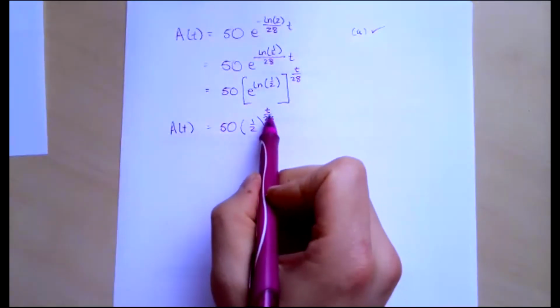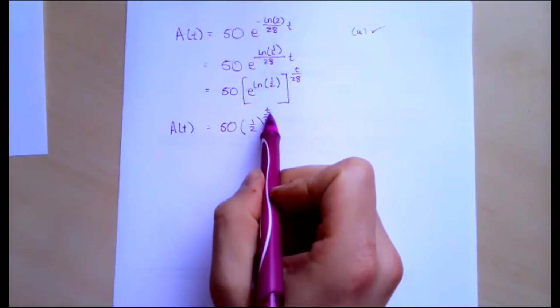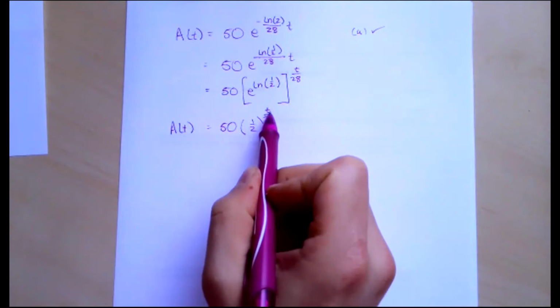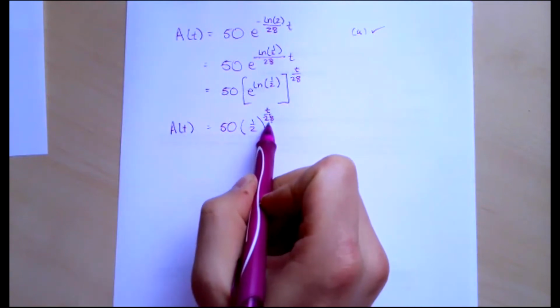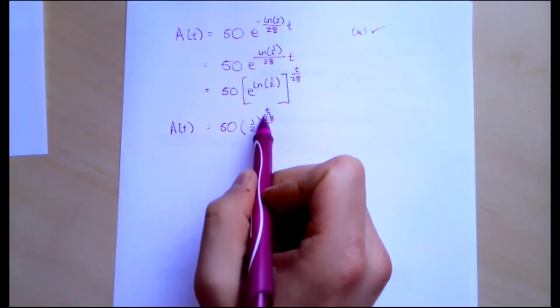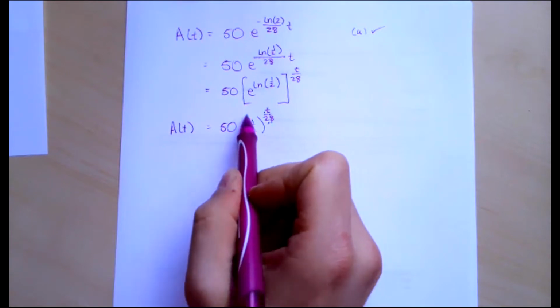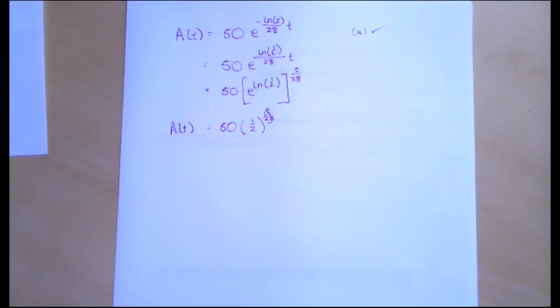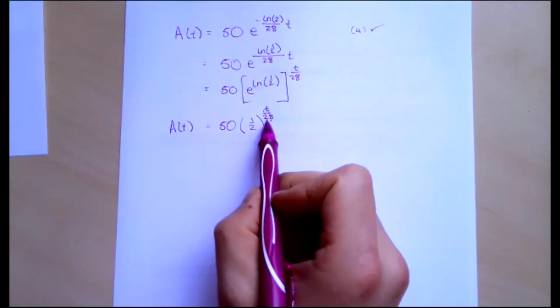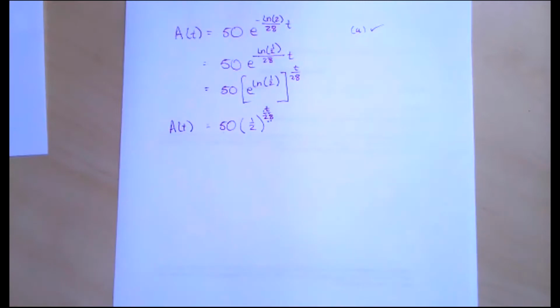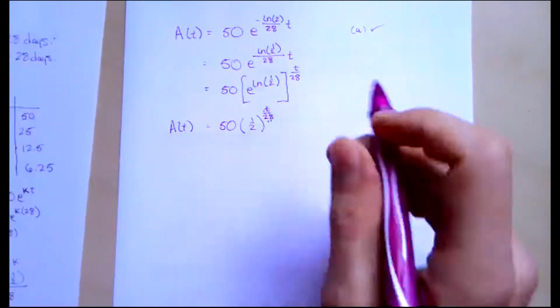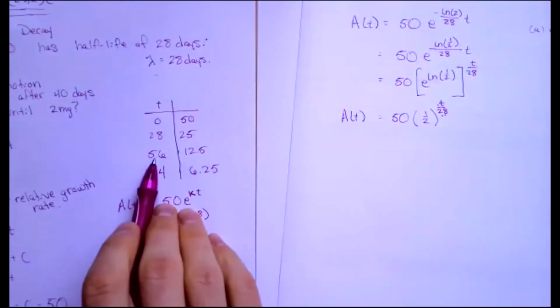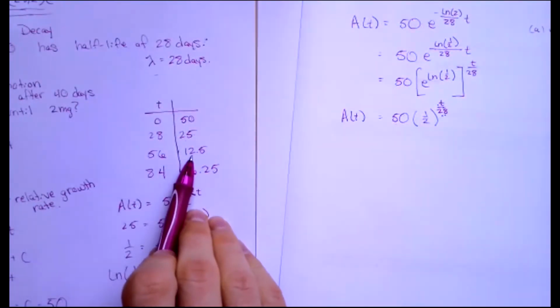So, right, what's going to happen? Why does this work? When t is 28, I will just get 28 over 28. That'll be 1. And I will get 1/2 to the 1. So I will have half of the 50 milligrams remain. If t is twice 28, so if I go 2 half-life periods, when t was 56, how much do I have remaining?